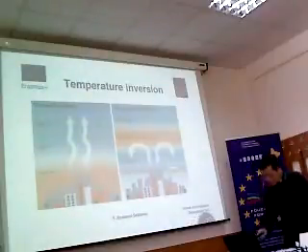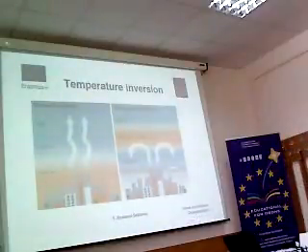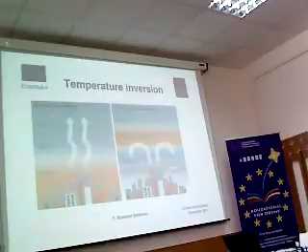We will have the pictures of temperature inversion. So you can see in this picture is the normal condition. So the higher it is, the colder the air is. But in the not normal condition, you can see this layer is warmer than this layer, and the temperature inversion will occur between these two layers.